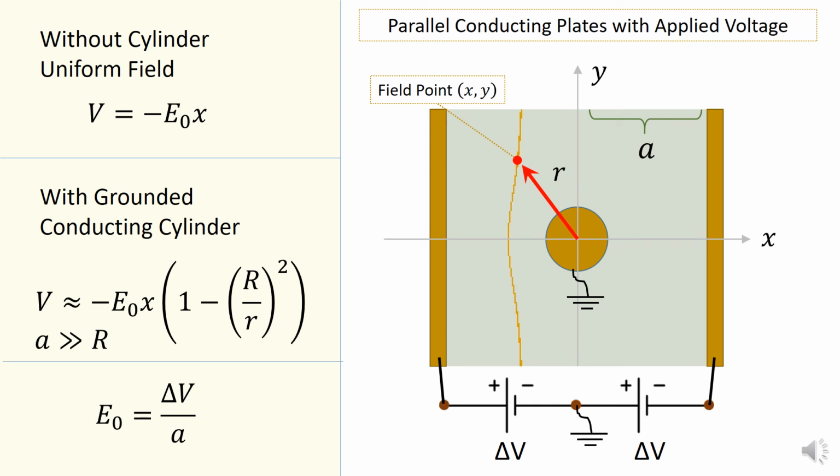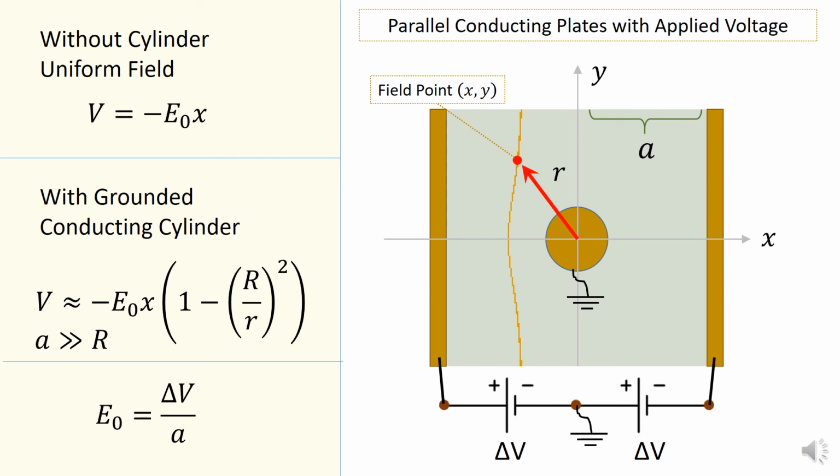Now, if we were actually doing this and taking measurements in lab, we would probably have two conducting planes with the conducting cylinder in the center. So our constant uniform field would be found by volts over distance.